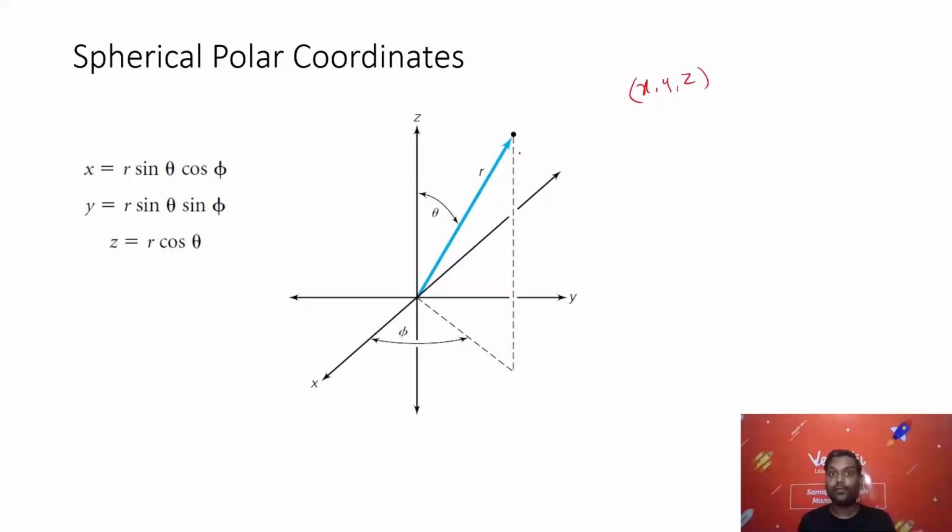In the polar system, the coordinates of that point would be r, theta, and phi, where r represents the shortest distance of that point from the origin, theta is the angle of the line joining the point and the origin with the z-axis, and phi is the angle between the projection of that line on the xy plane and the x-axis. So r is the shortest distance from the origin, theta is the angle of the line with the z-axis, and phi is the angle of the projection with the x-axis.